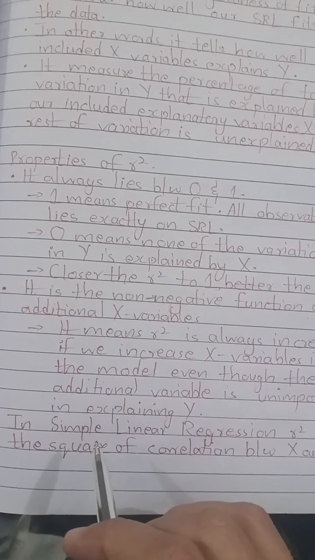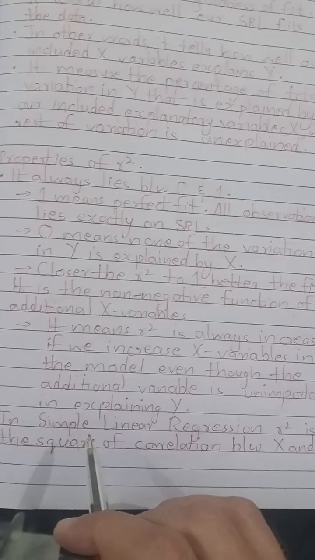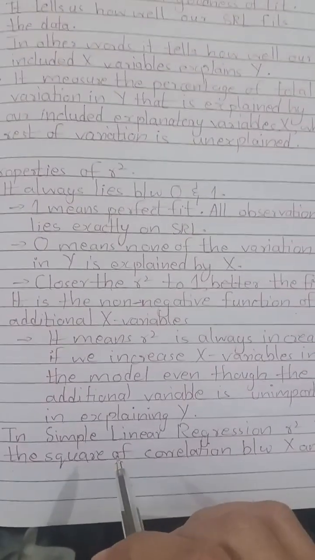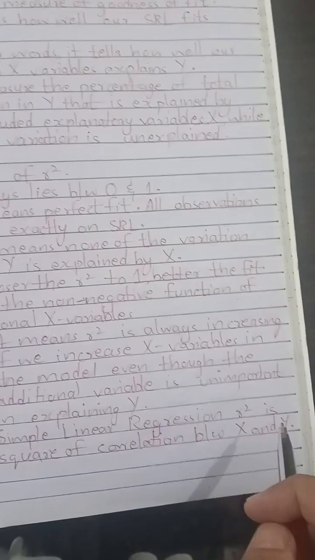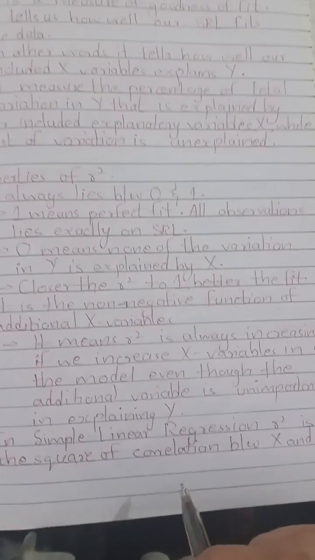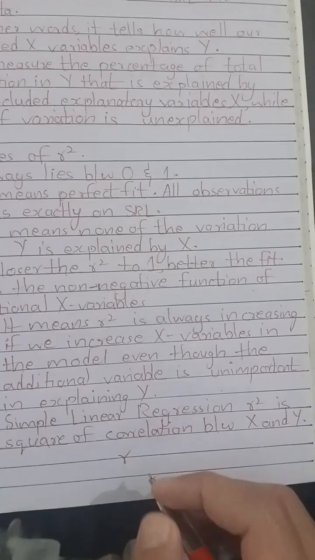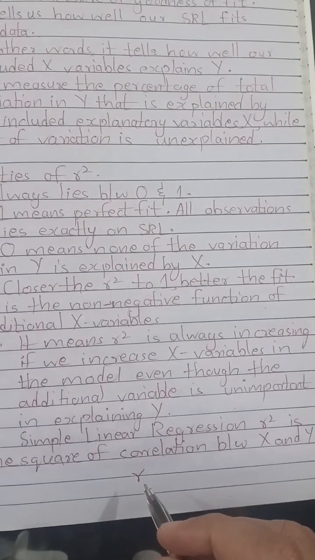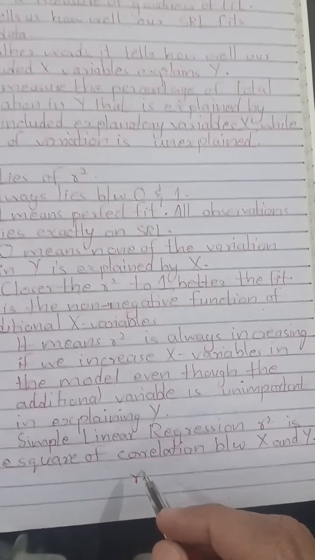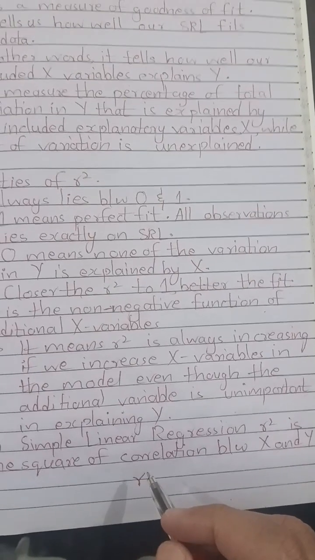The third property is that in simple linear regression, R square is always equal to the square of the correlation coefficient between x and y. If we find the correlation coefficient given by R, then if we square it, we get the coefficient of determination.